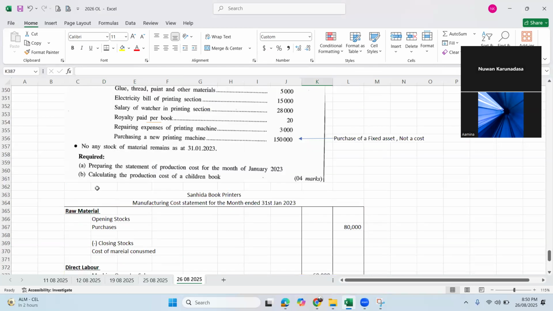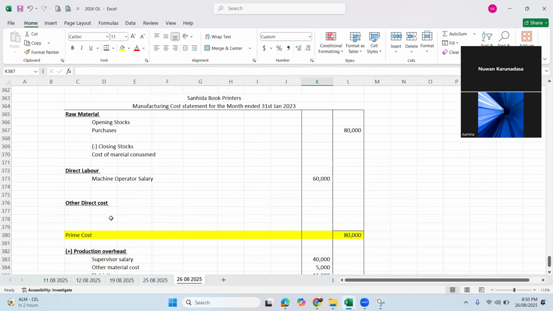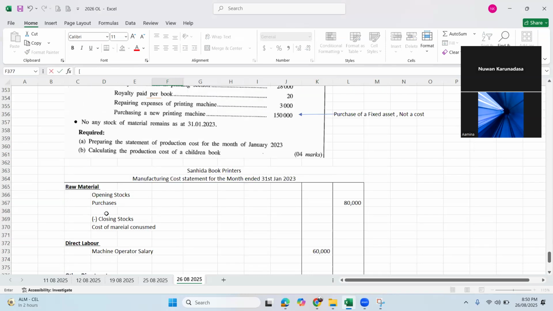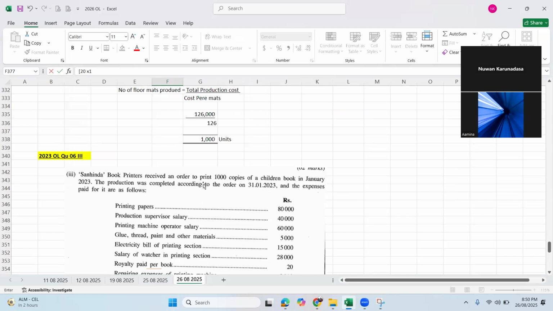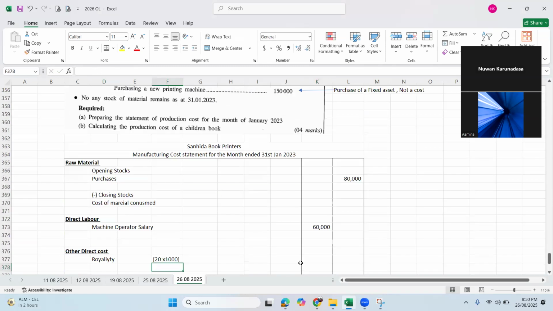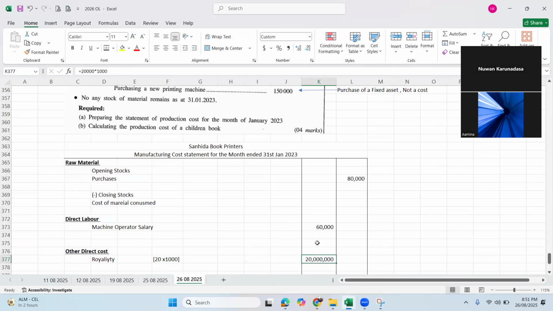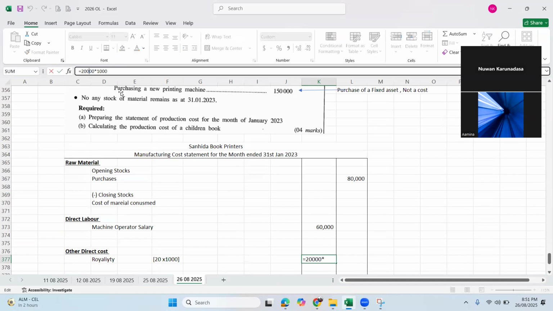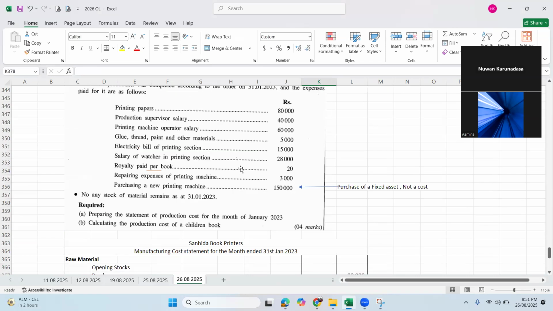Then royalty paid per book, it's given per book, other direct cost. Royalty. So here you have to multiply 20 into how many books? 1,000. So that's 20 into 1,000, 20,000.